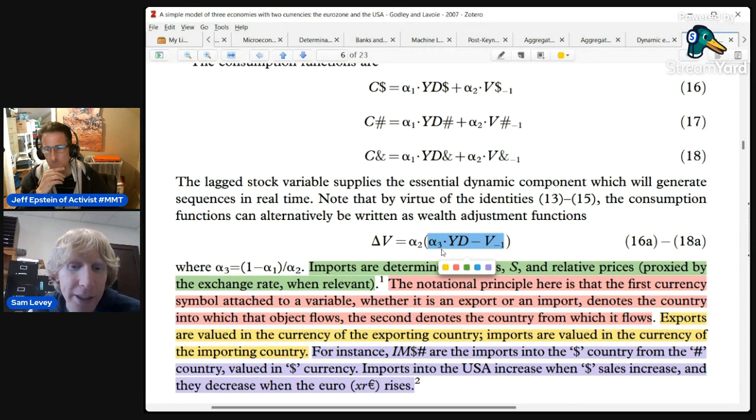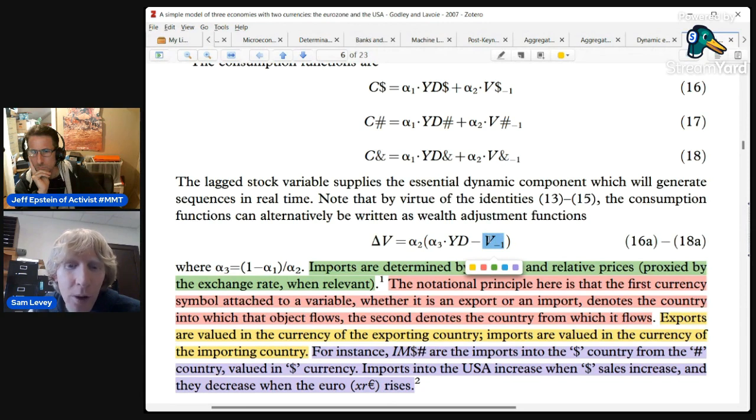So maybe this alpha 3 is a 2, and that's telling you your target level of wealth is $200, twice your income. And then this is your actual wealth. Let's suppose that your actual wealth is only $150 right now. So you'd like to have $200, but you only have 150. And so this difference is going to be 50. It's how far away you are from your target.